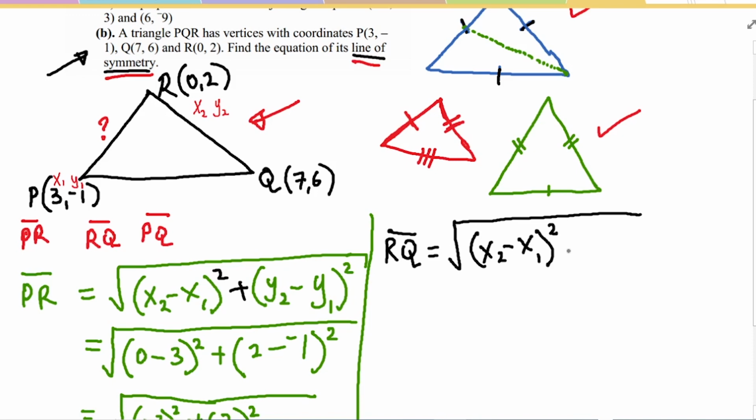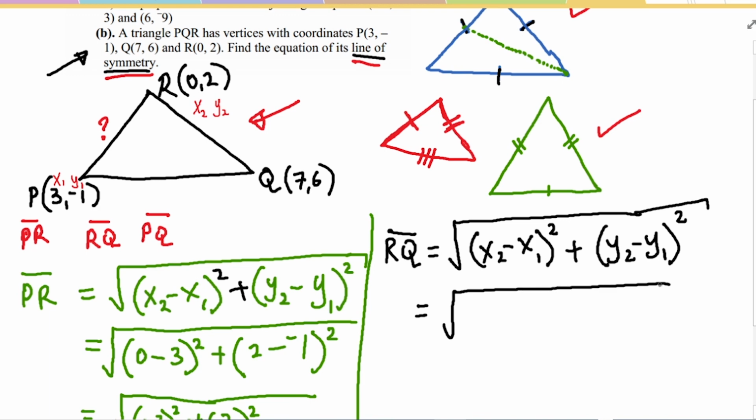I don't know why my ink keeps disappearing. Now we are looking at RQ, so let's say this is x1, y1, and this is x2, y2.